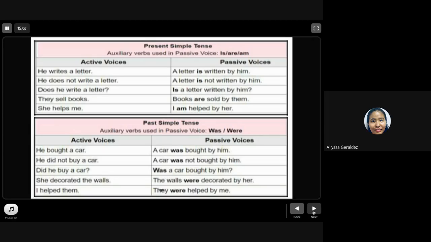That's why we use were. Then of course the past participle helped, and then the by phrase, by, and then we change the subject pronoun into the object pronoun. That's why me. They were helped by me.